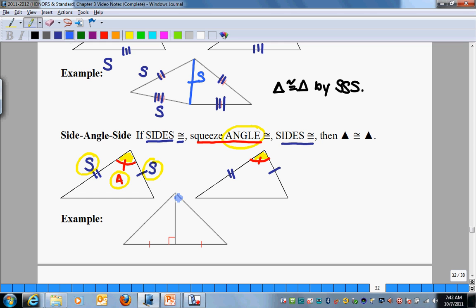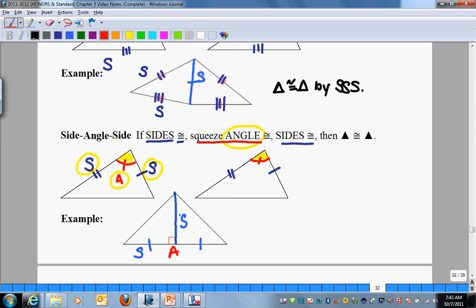Here we can see we have a freebie, so we always mark our freebies right off the bat. Our freebie is this reflexive side, so I mark it and I put an S because that's a pair of sides. Now let's retrace what you're also given. You're also given these pair of sides is equal, so we put another S. And I see that I have a pair of angles that are equal here, so I can have an A here, which is a pair of right angles.